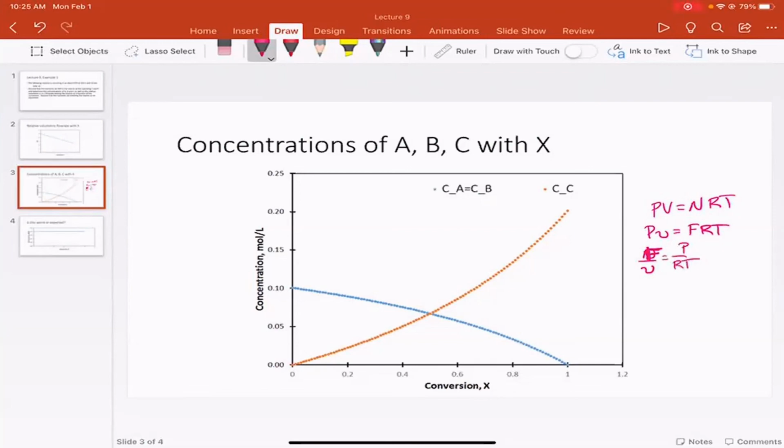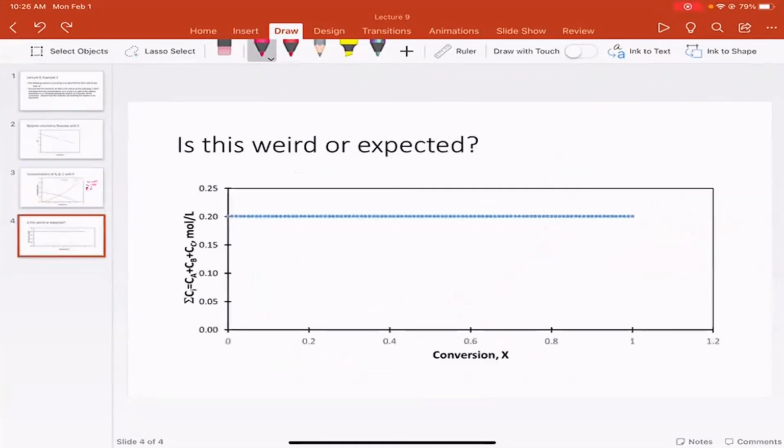And in our problem, we assumed that the pressure was equal to a constant. We also assumed that the temperature was equal to a constant. And what that means here then is that if you plot the sum of the concentrations with conversion in this gas phase reaction, it's a constant number, right?